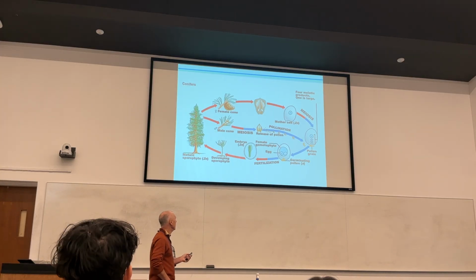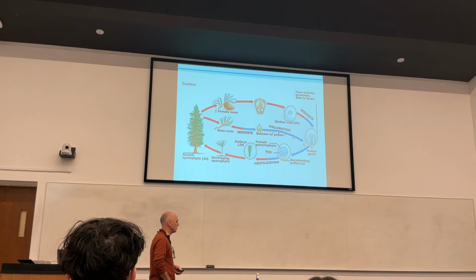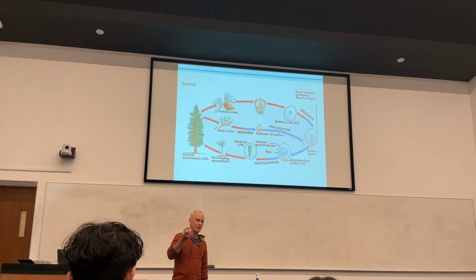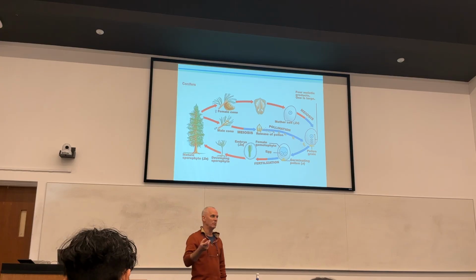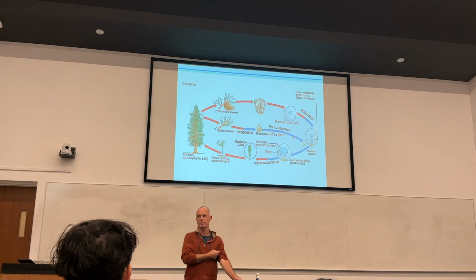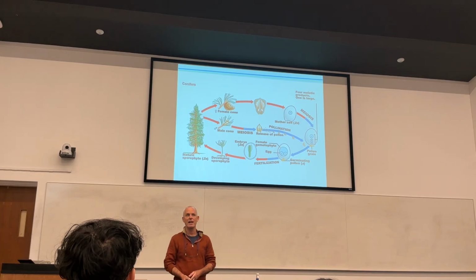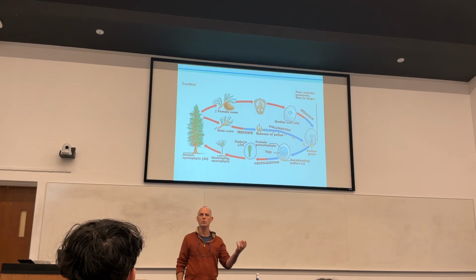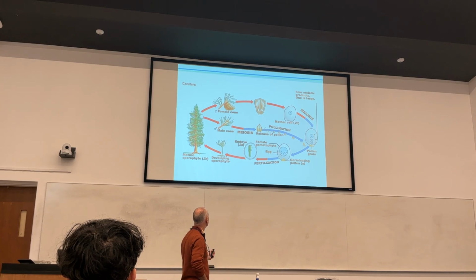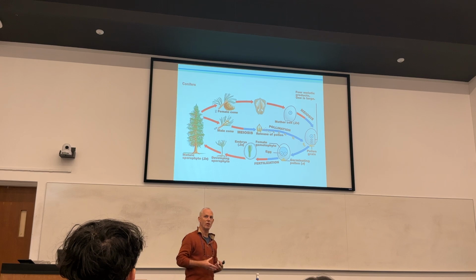And with the other one here, you get a triploid endosperm. That's the seed. When you think of a seed, what you're thinking of really is endosperm. That's the package of food that goes with the embryo. That surrounds the embryo, protects it from drying out, and gives it that energy to grow initially.